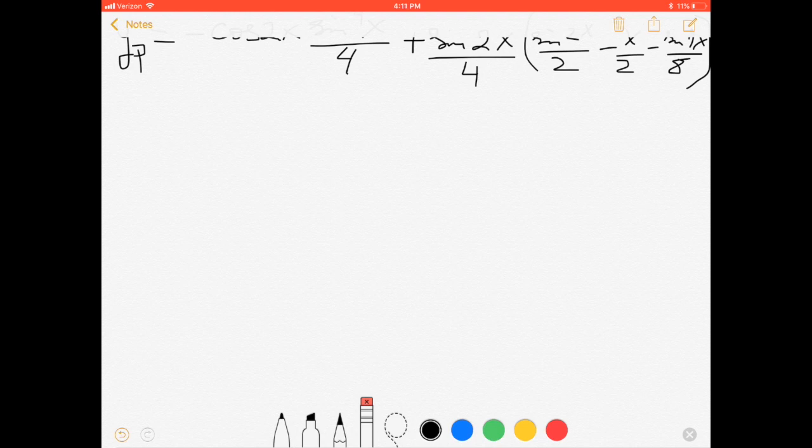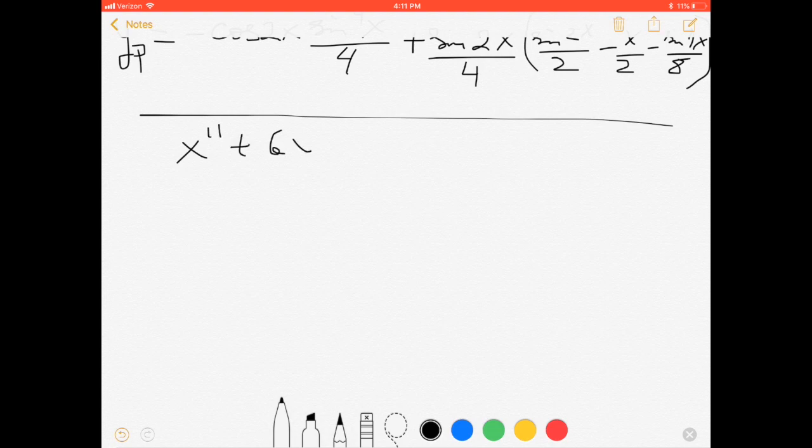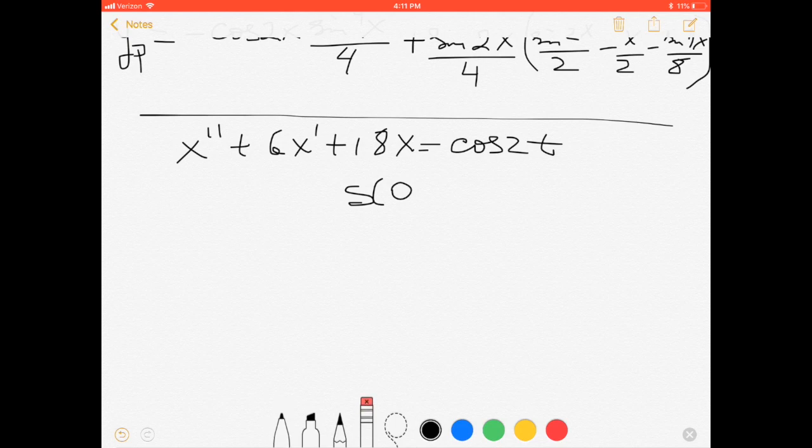Okay, for Laplace transformation, I give you something like, for example, when you have something like this, where you have initial conditions x of 0 equals 1, x prime of 0 equals -1, something like this.